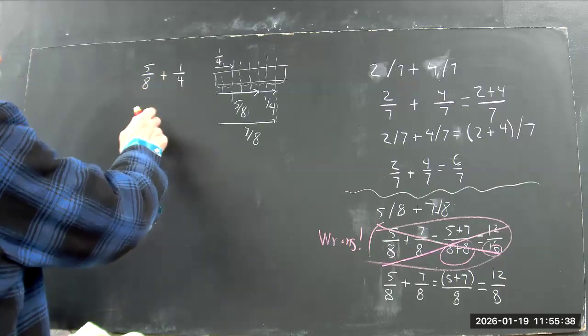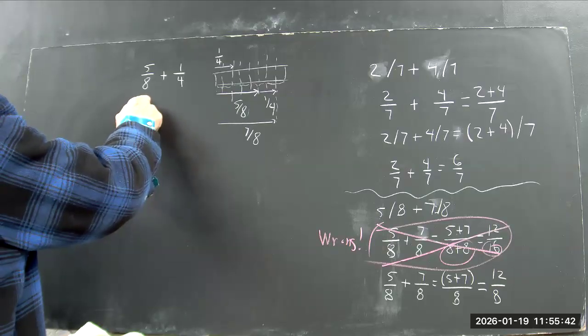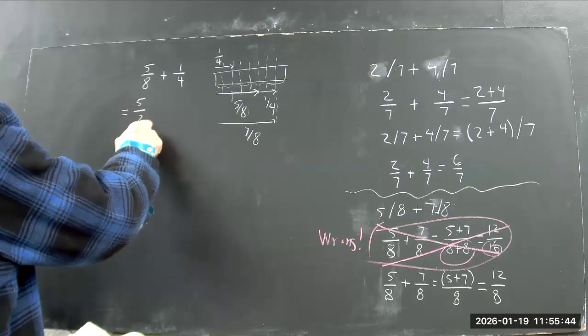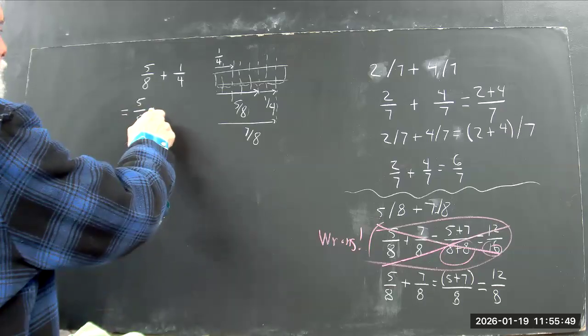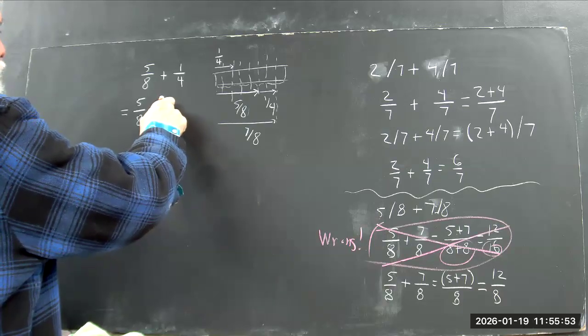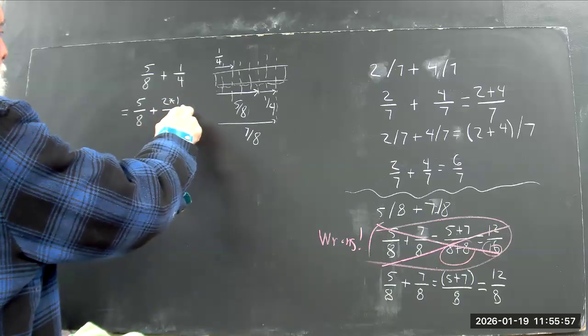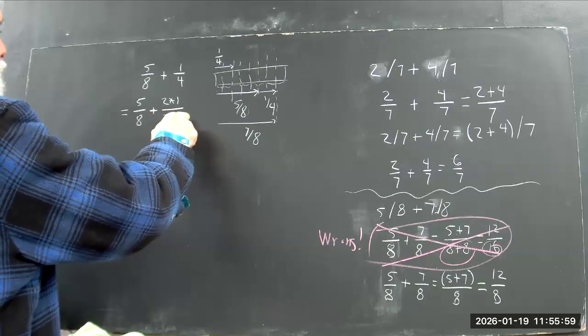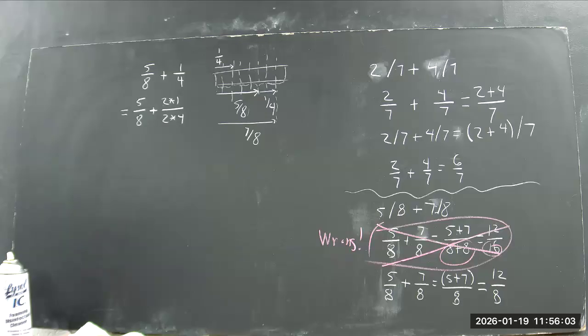5/8 plus 1/4 equals 5/8 plus 2 times 1 slash 2 times 4. Okay.